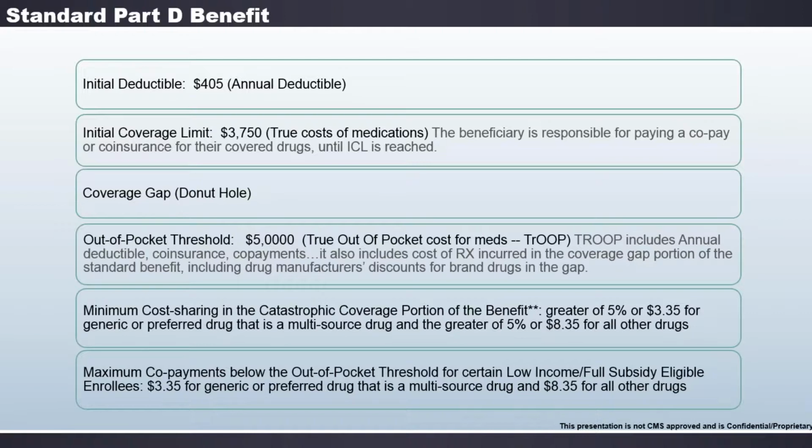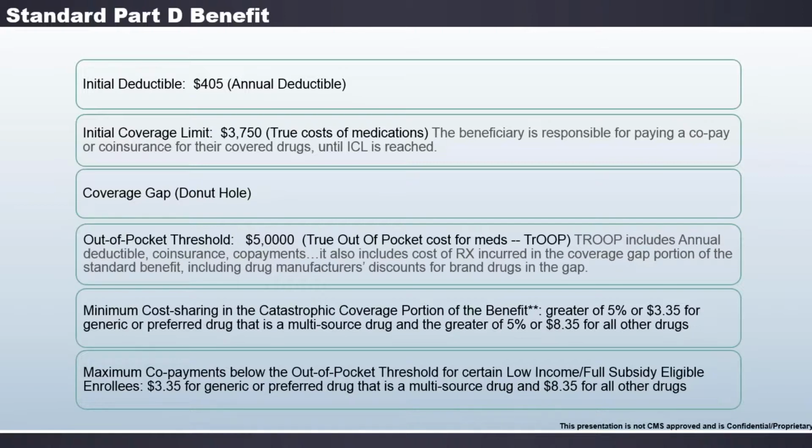So if they hit that catastrophic coverage portion, then it's going to help them essentially with their drug coverage costs out of pocket. Their portion will either be 5% or $3.35 for a generic, or a preferred drug that might be a brand name or a higher cost. It would be 5% or $8.35 for the brand names.